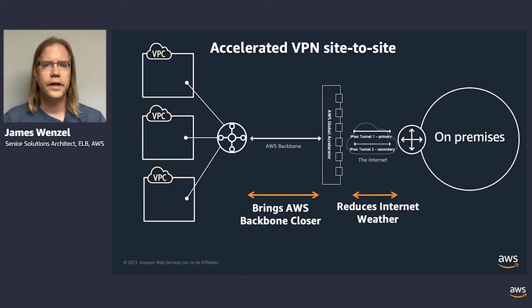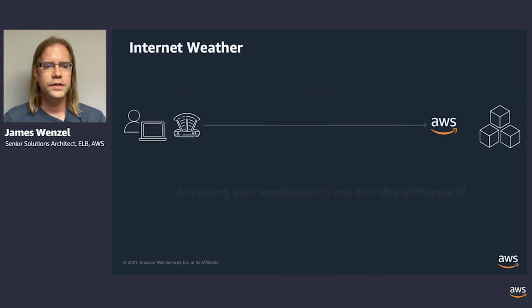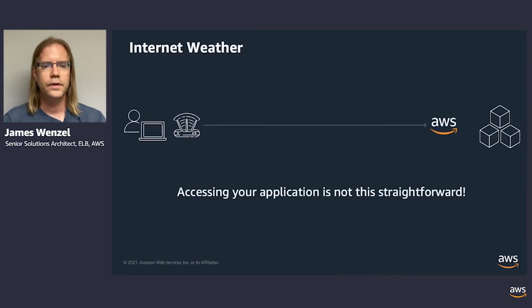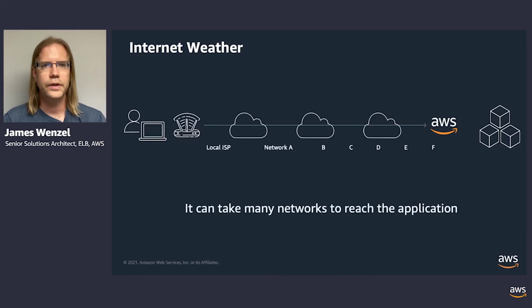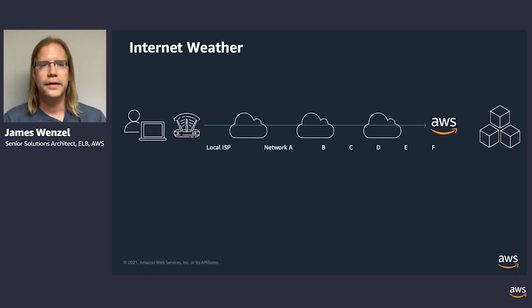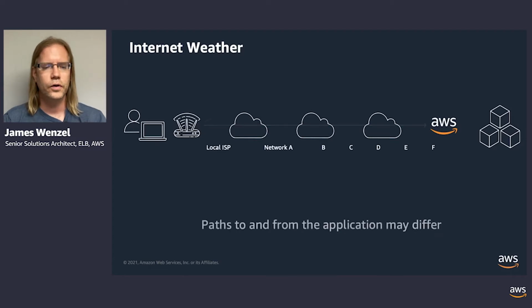So what is this internet weather? Well, internet weather is basically your applications communicating over the internet. And when you take a specific path to the internet, it may not necessarily be the same path on the return. So this can introduce a couple of different problems.